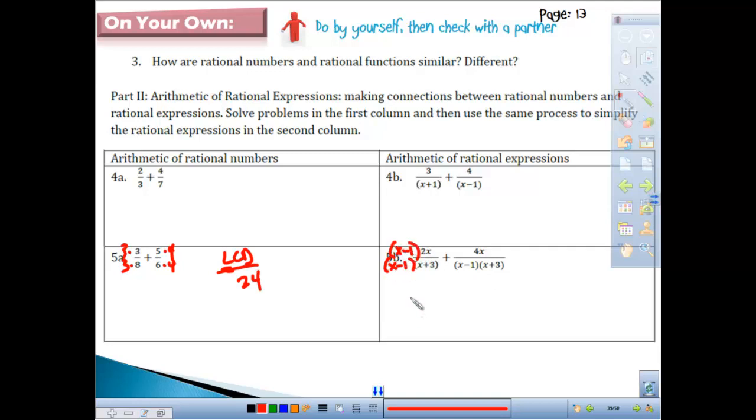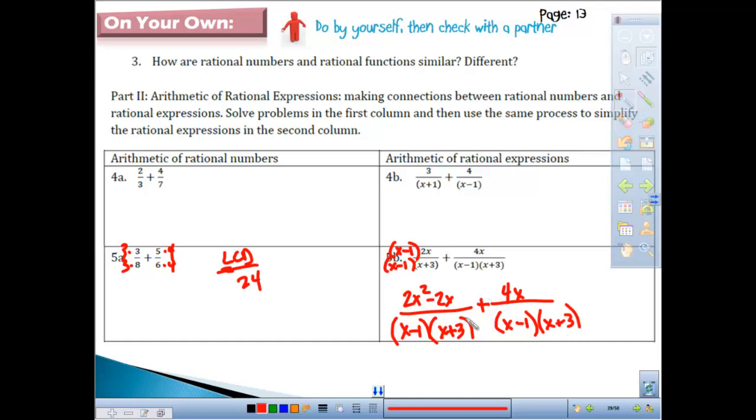Once I do that, I distribute, so that's 2x squared minus 2x divided by x minus 1 times x plus 3. Notice the denominator looks exactly the same, so we don't have to do anything to this fraction over here.